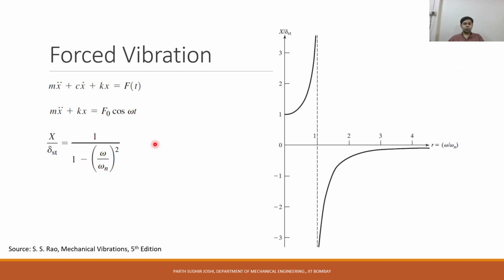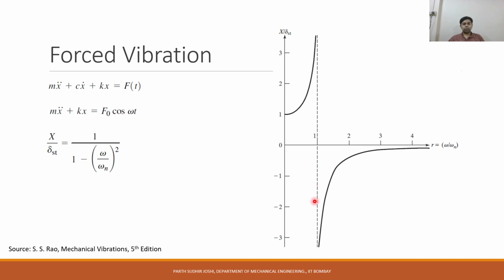Now if we plot this variation of X upon delta static with respect to the frequency ratio, R is equal to omega by omega n. Then when the frequency ratio is 1, we can see that the quantity X upon delta static becomes infinite because the denominator goes to 0.